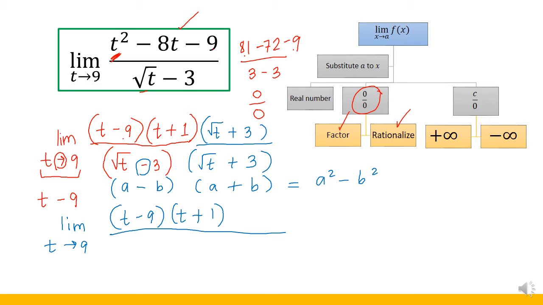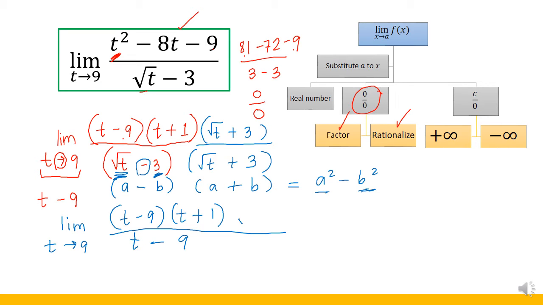So a is square root of t. If you square that, the radical will just disappear. Squaring the 3, that will be your b squared, right? Our a squared is t. Our b squared is 3 squared, which is 9. So, minus 9. There, the t minus 9 came out.